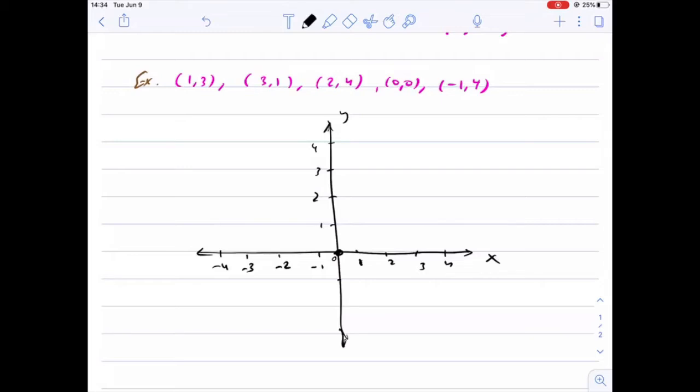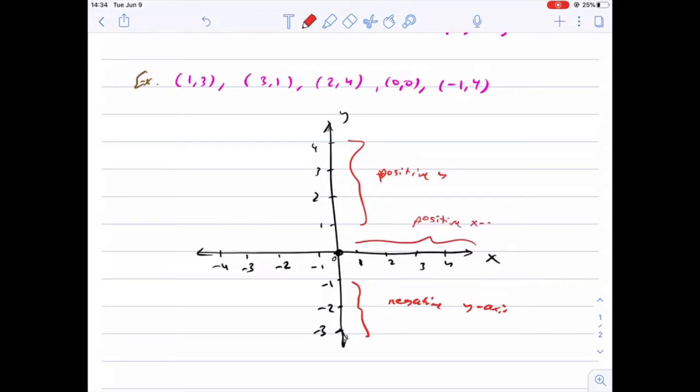But as you may understand from this, you can use any scale. You can divide it into twos, I mean, 2 and multiples of 2: 2, 4, 6, etc. Here we have negative 1, negative 2, negative 3. This is the positive y-axis, and this is the negative y-axis. This is the positive x-axis, and this is the negative x-axis.